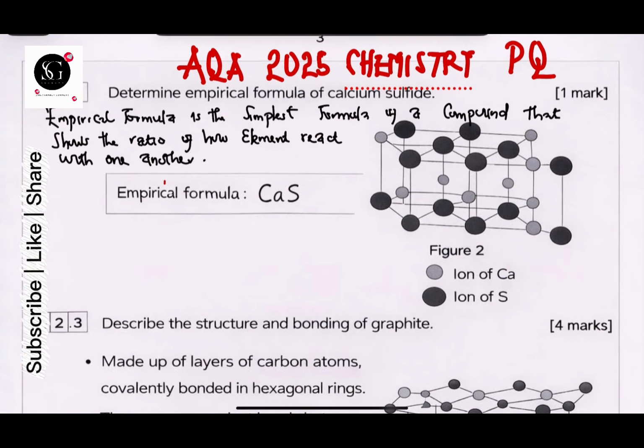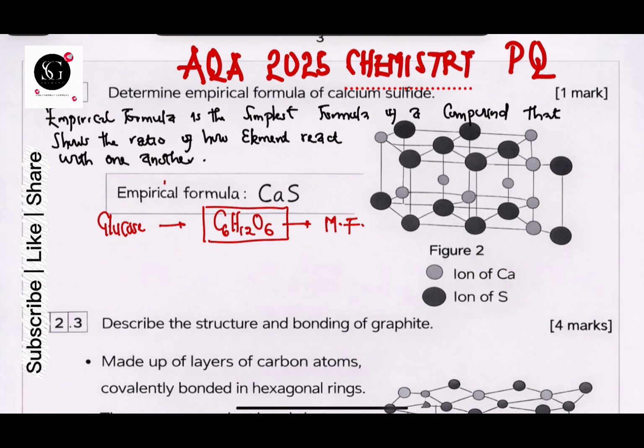Now let me explain that concept in detail for people that might not really understand what we just said. If we have glucose, for example, the formula for glucose is C6H12O6. The actual formula of this is what we call molecular formula, MF.